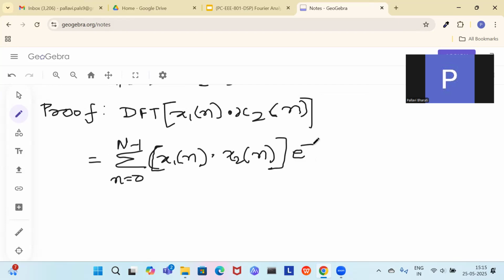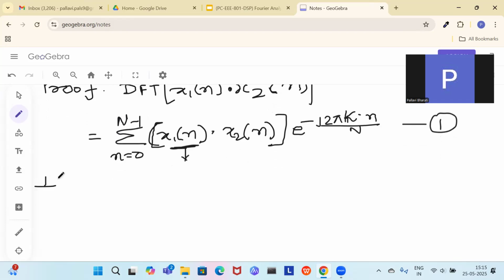And this has to be multiplied with e to the power of minus j2 pi k small n by capital N. After this, we will take the IDFT of this one. Let us take this one as equation 1.